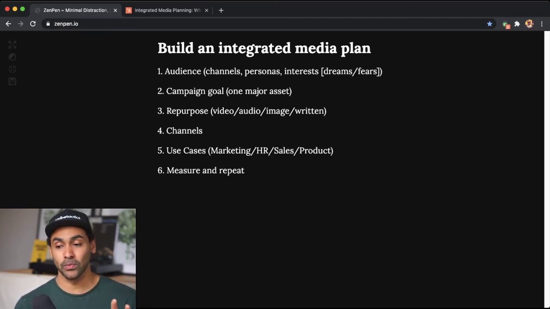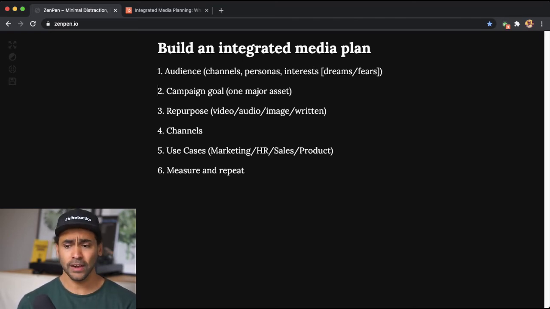We like to think of their passionate interests in terms of what are they passionately seeking, like, say, dreams, but also what are they passionately avoiding, let's say fears. And once you have these emotions dialed in, this is something that could very quickly make whatever content asset in the integrated media plan work that much more effectively.